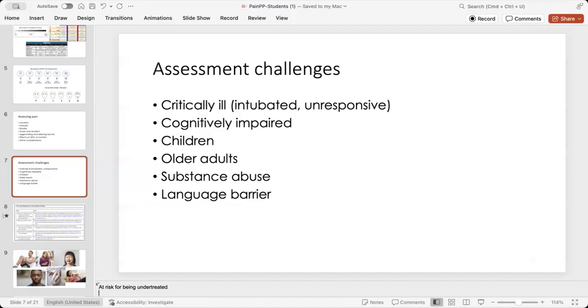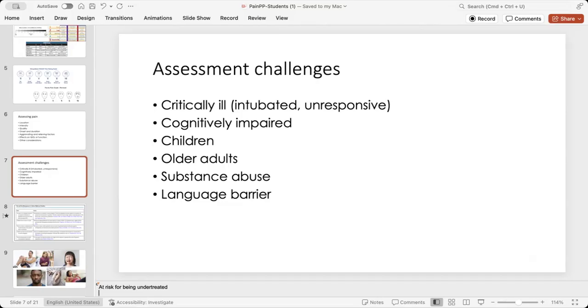Okay. Children, we talked about children, right? Sometimes they're nonverbal. So are they going to be able to answer questions? Older adults. They're also at risk, higher risk for not being treated effectively. Patients who have a history of substance abuse.